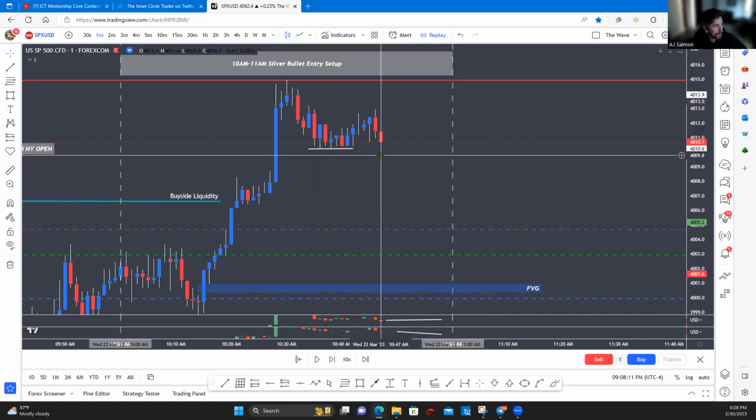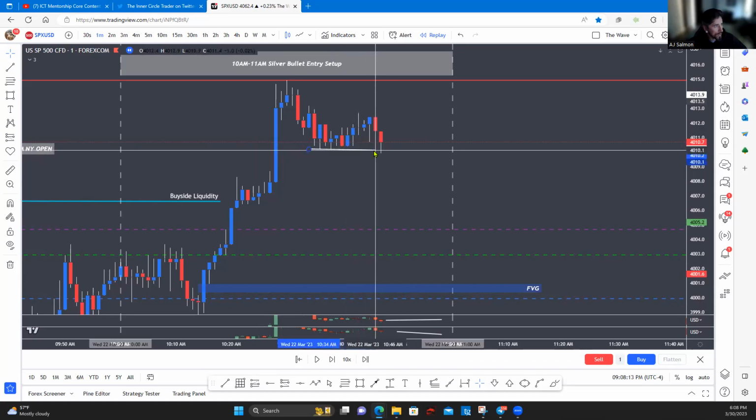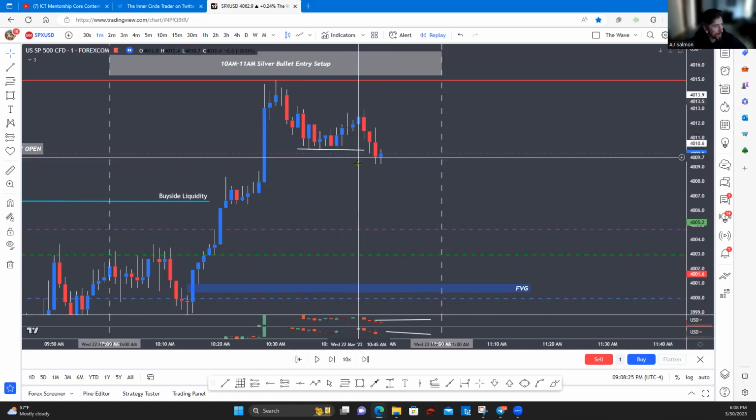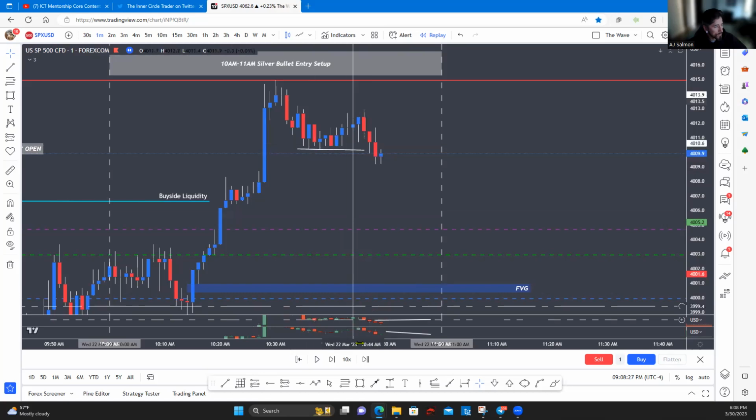You get a push there, but it doesn't really break energetically to the downside, so there's no displacement yet. You get another push here. It's pretty nice, but there's no gap. Another break here. No gap.